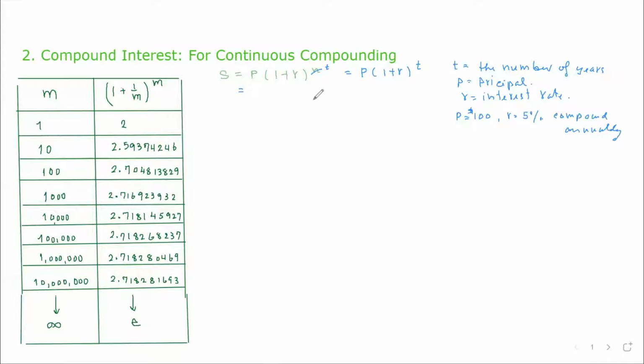So when you use the formula, principal is 100, correct? And 1 plus R, with R being 5%, so becomes 0.05. And t is the number of years.